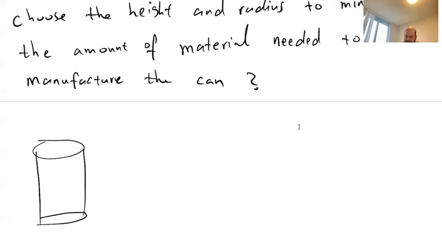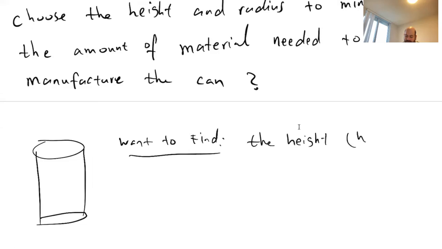So first we have to assign letters to the quantities that we want to find. We want to find the height, so let's denote it with small h.